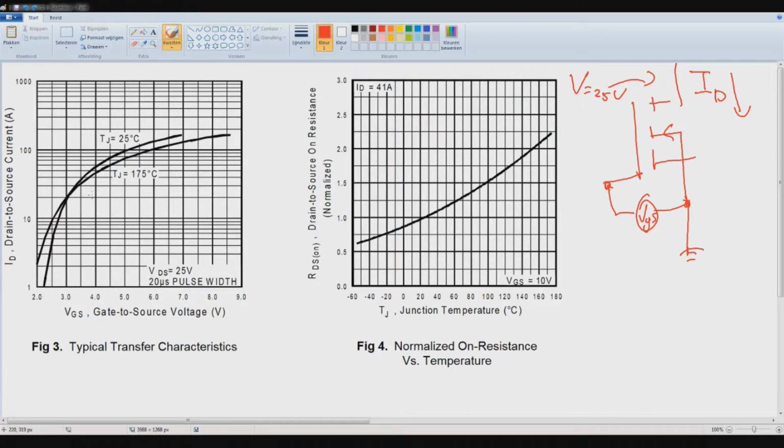But if you take a look at these lines right now, if we increase the gate voltage, we can see how it allows more current. For example, here if we apply 5 volts, we are at 100 amps and so forth. It's very clear to see different behavior at this temperature.